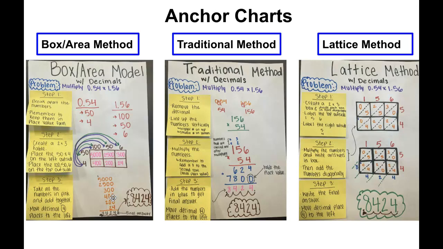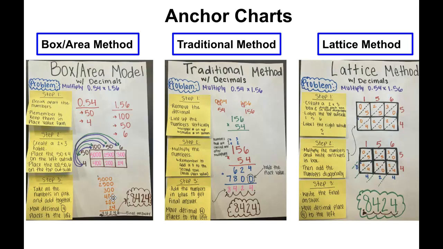Then in step 2, I created a 2x3 table, and I did this because I saw that there were 2 numbers from one set and 3 numbers from the other set. So that's how I got the 2x3. And then I said to place the 50 and the 4 on the left outside, and the 100, 50, and 6 on the top outside.